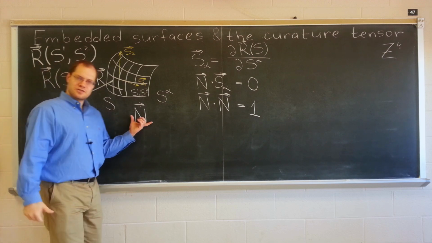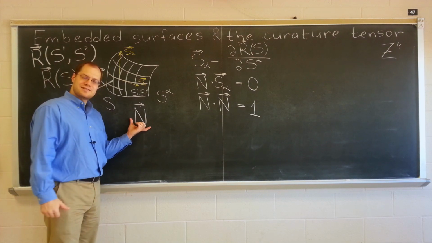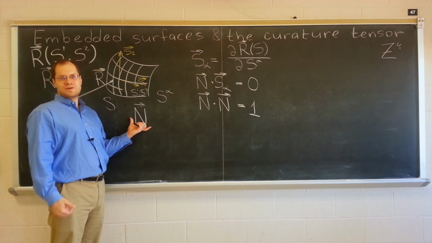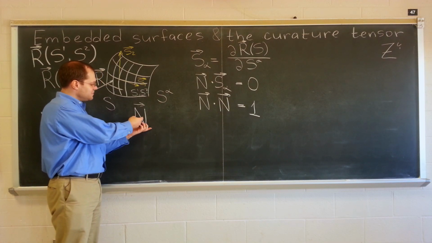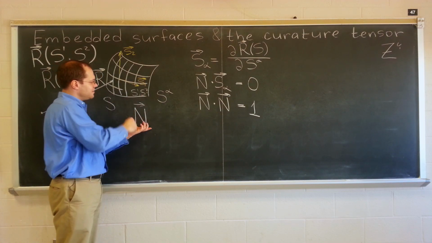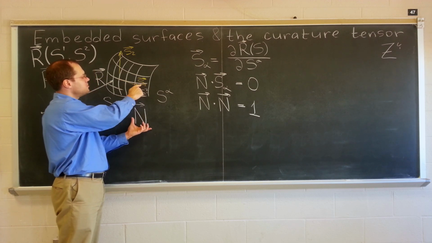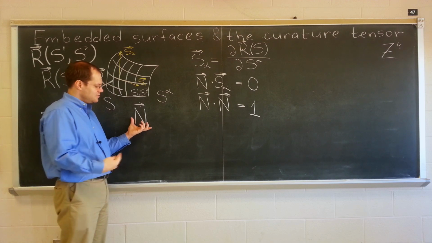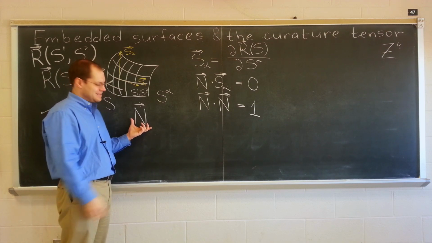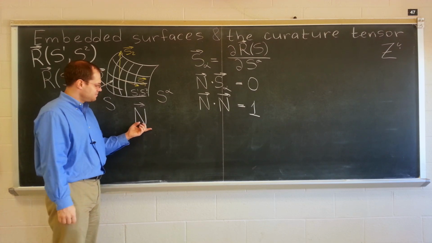Of course, it's very interesting to express the components of the normal explicitly. They would have to be expressed because this vector does not lie in the tangential plane. It may not be expressed with respect to S1 and S2 because it's not in that plane. It's actually the most not in that plane it can be. It's orthogonal to that plane.